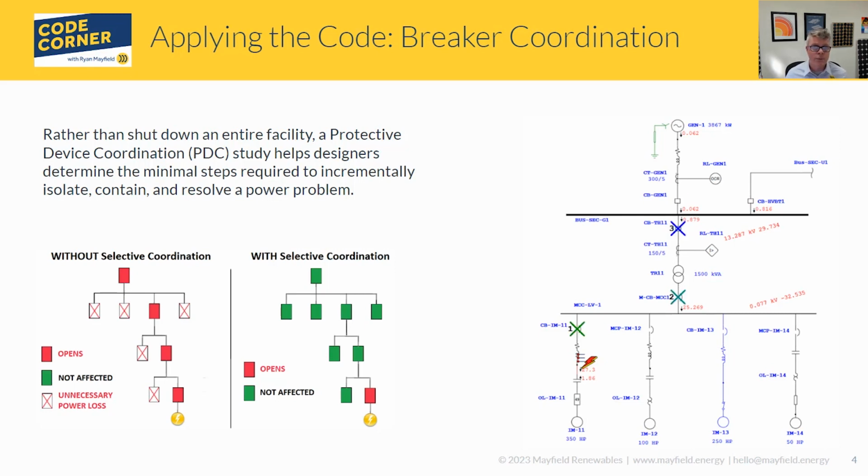Your entire service could be out because of the way that those breakers were put in place and they were not coordinated, as opposed to the system on the right-hand side there, where you have that same fault, that same situation, but it's just the first upstream device that is protecting it, and the rest of those loads are able to continue to run because there were no faults there. So this becomes pretty important when we start talking about our commercial systems and being able to apply those. So breaker coordination is just another part of what we're looking at there.